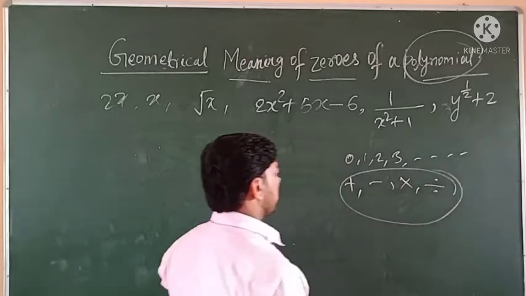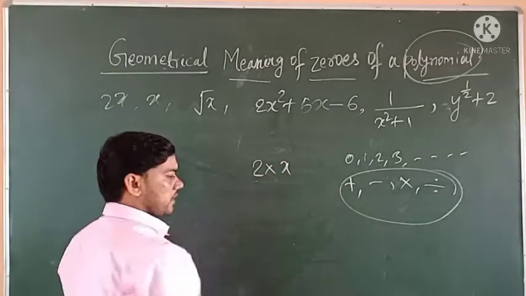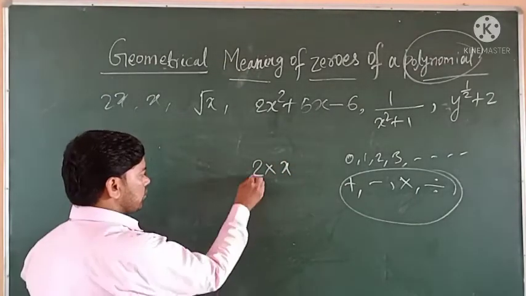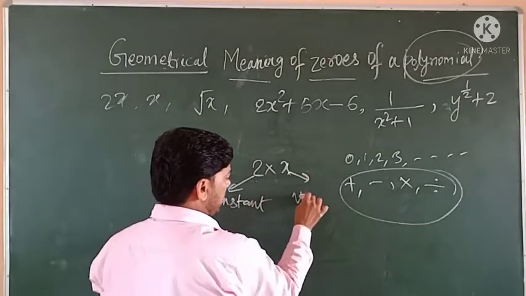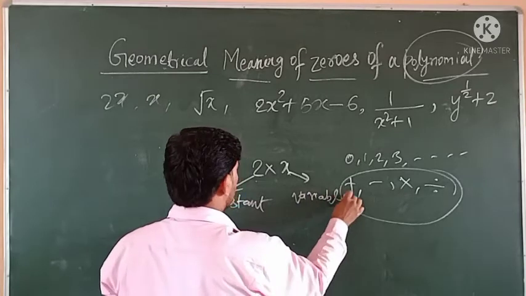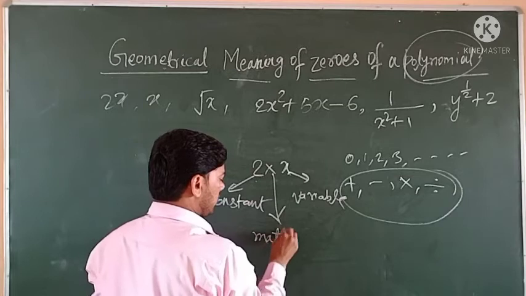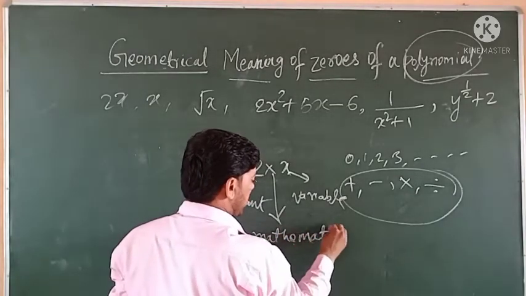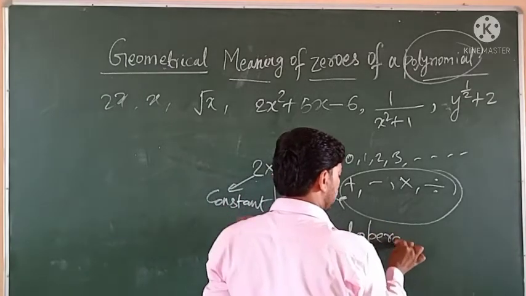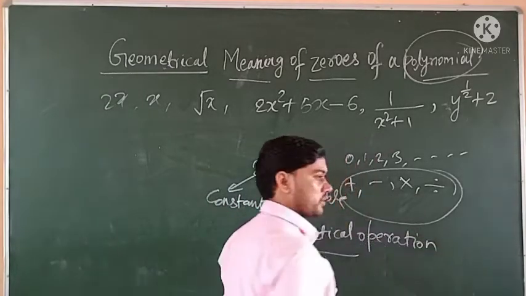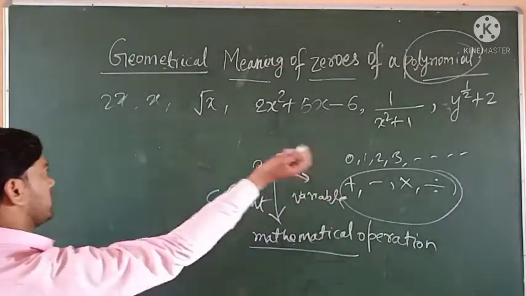These all are mathematical operations. 2x can be written as 2 into x. 2 is a constant, x is a variable, and into is the sign of multiplication, a mathematical operation. So we can define an algebraic expression: the combination of variable and constant with mathematical operation is called an algebraic expression.